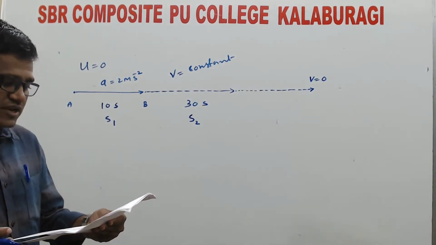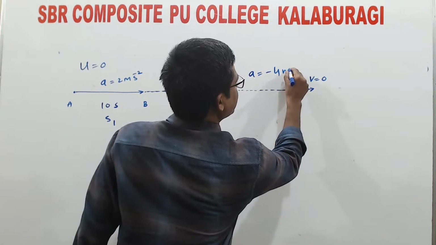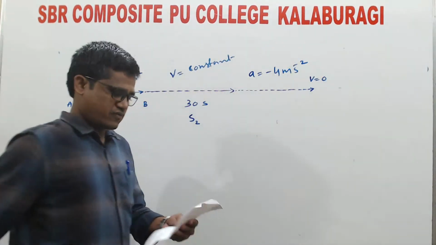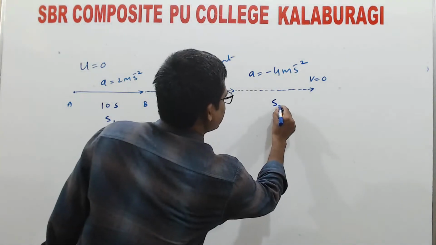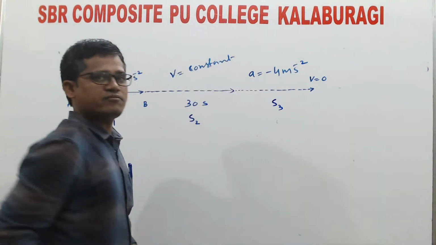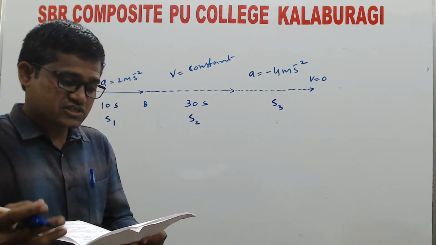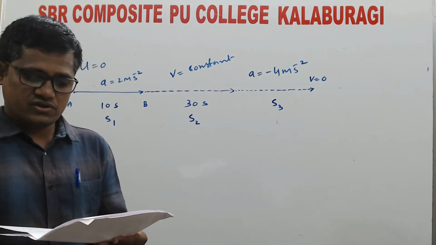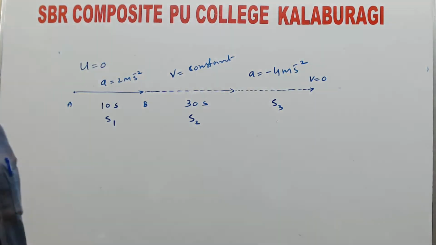Let me call it S3. The deceleration is given. Why should I take minus? Because it is decelerating, 4 meter per second square. Whatever distance it covers from here to here, that will be S3.